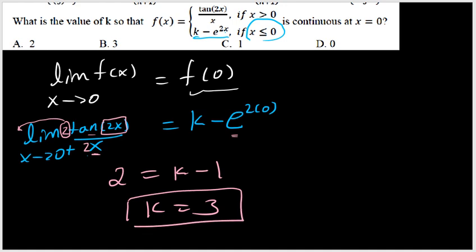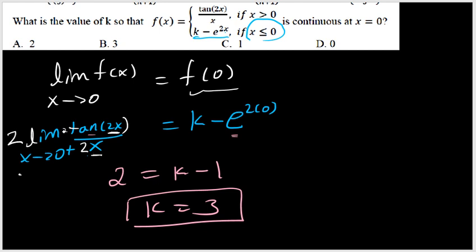Just to repeat, I did nothing on the right side. This is the limit of tan 2x over x. Since I needed the denominator to be 2x, I multiplied the denominator by 2, and I have to do the same for the numerator, but the 2 can be taken out as a constant.